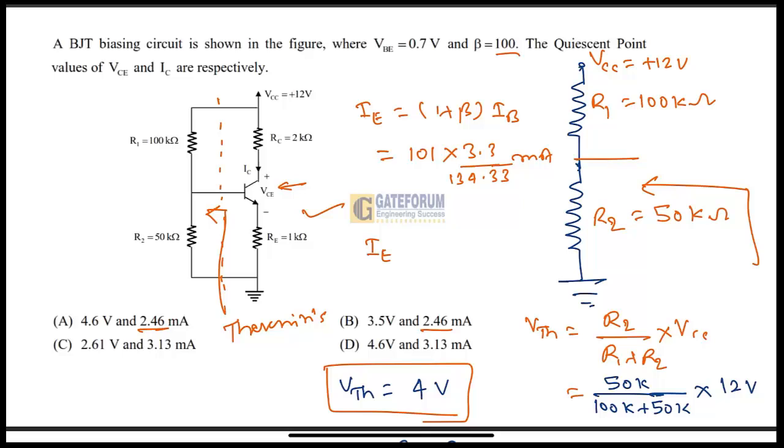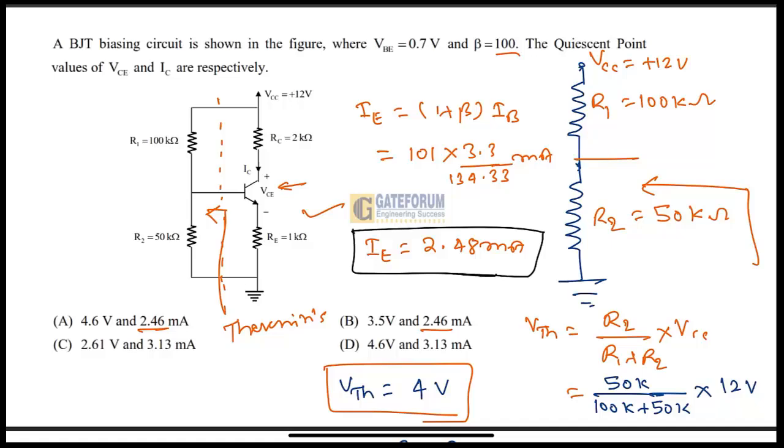So we will get this IE, this emitter current, equal to 2.48 milliampere. This we have to use further for the calculation of VCE.